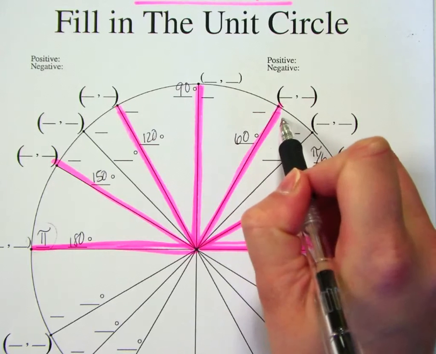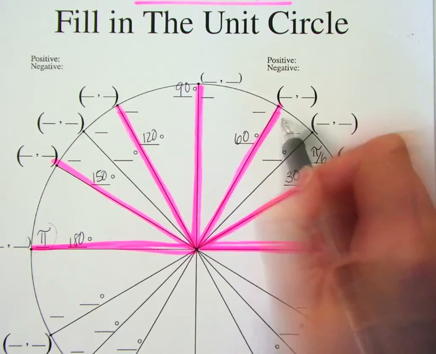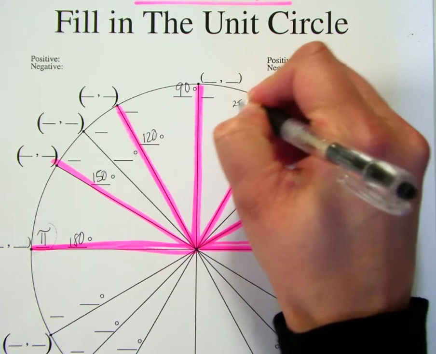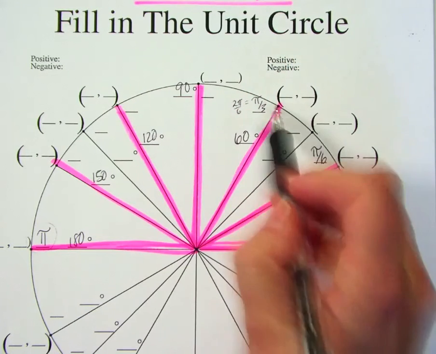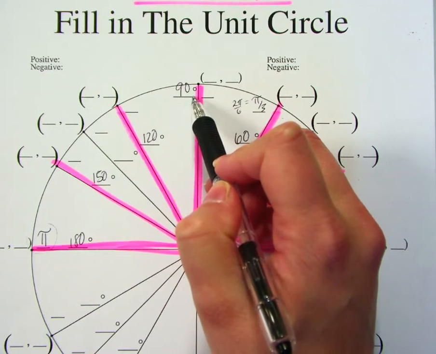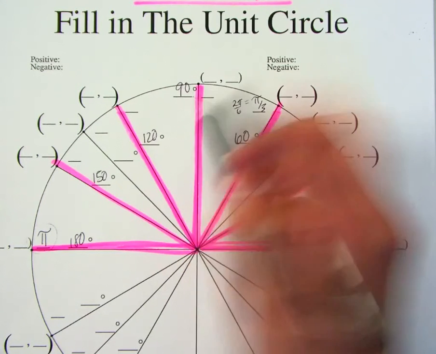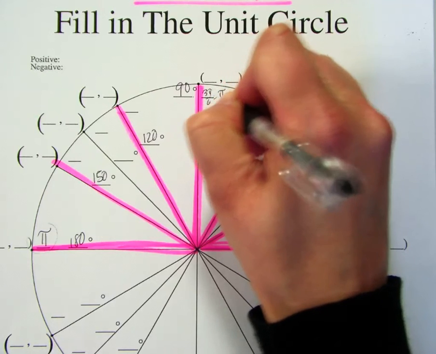If I do one more pi piece of pi over 6, where am I? 2 pi over 6, which is pi over 3. If I add one more pi piece of pi over 6, I'm at 3 pi over 6, which is pi over 2.